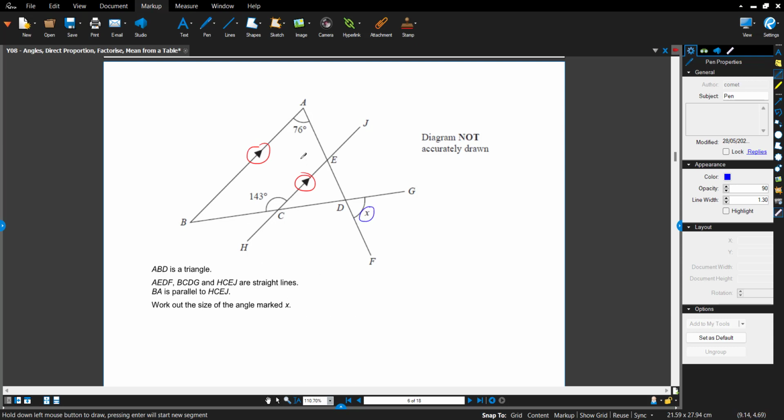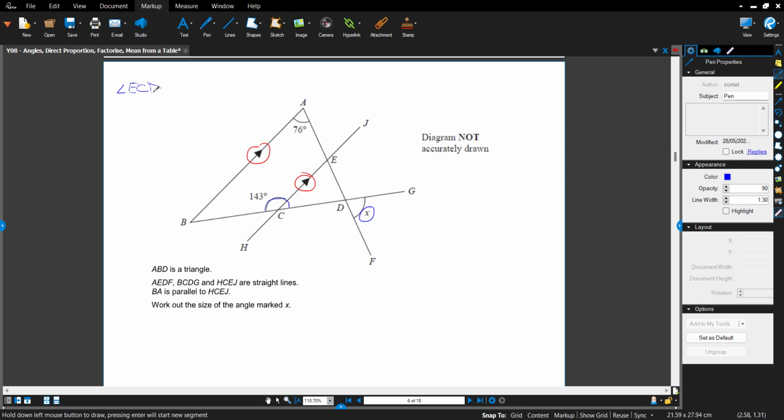Let's go. We have to find x. Okay. So let's just start with what we know. Now, that's 143 degrees, but if we carry that on a bit, it's going to be 180, isn't it? So we can say ECD, that's going to be my angle symbol, just so you know.